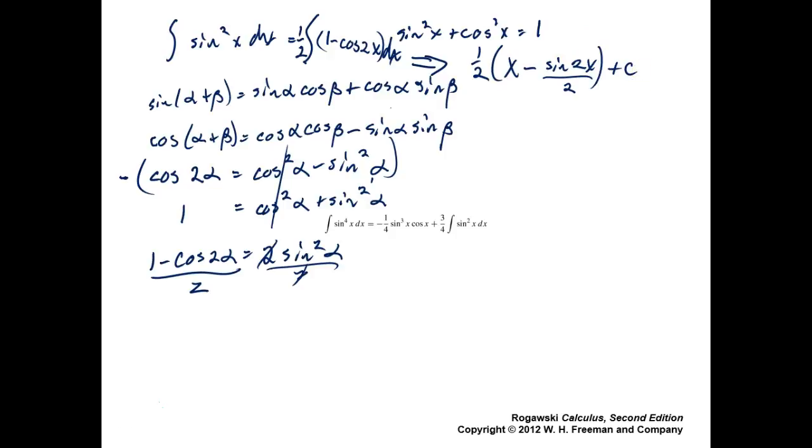If we want to clean that up a little bit, it'd be 1/2 x, or x over 2, minus sine 2x over 4 plus C. Now that's one way to express the answer. x over 2, I said 1/2 x, minus sine 2x over 4 plus C. That's exactly what we got.